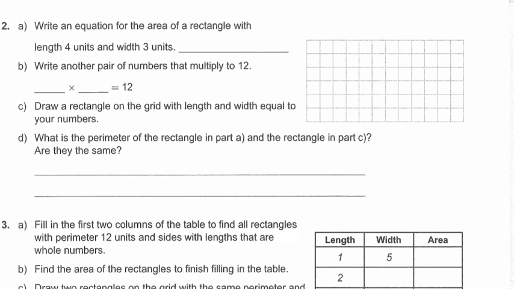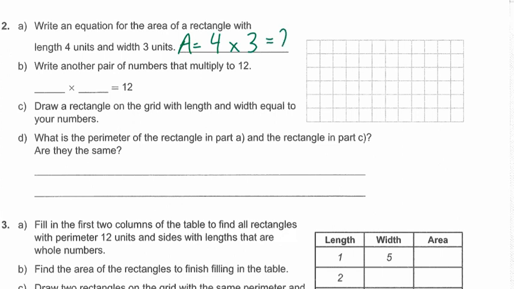It says write an equation for the area of a rectangle with length 4 units and width 3 units. Well, we know area equals length times width, so I'm going to go 4 times 3. So there's the equation for it. Okay?